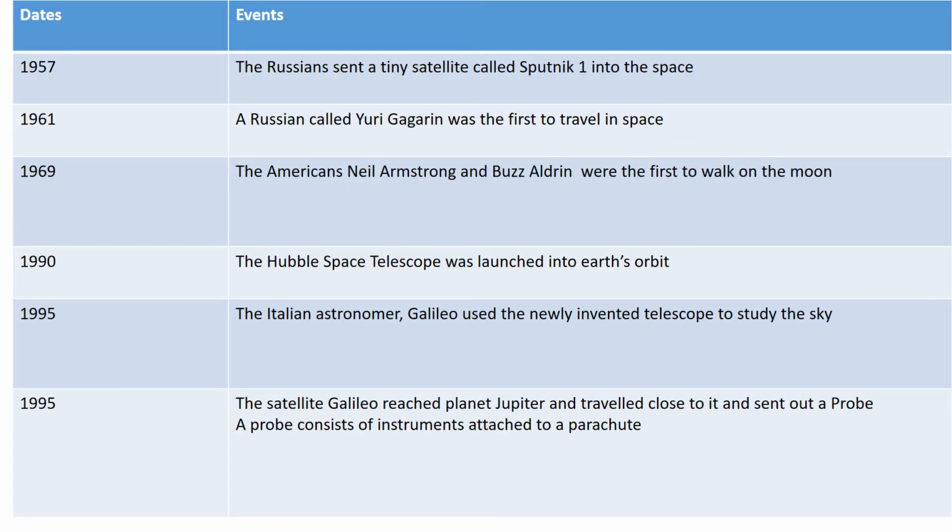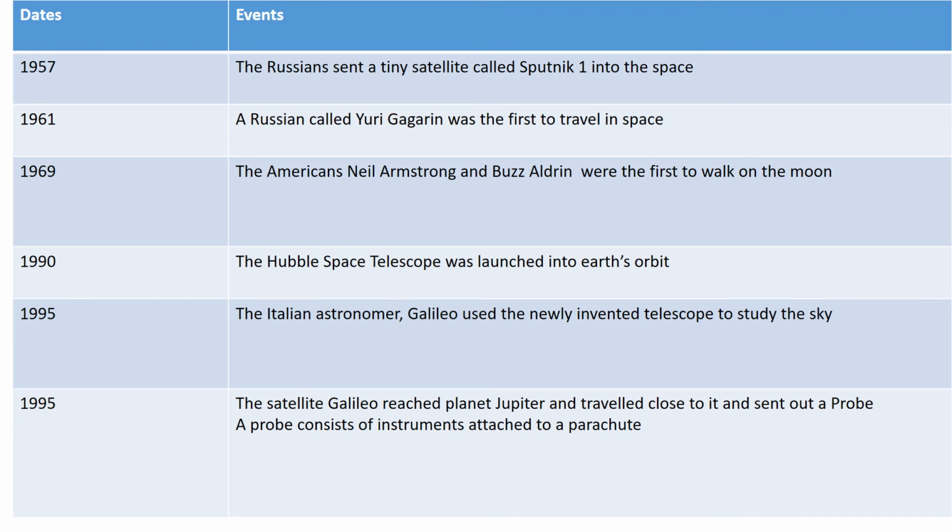Now I have a belt in which I say what event happened in which year, what scientists made. So this is called actually the space. In 1957, the Russians sent a tiny satellite called Sputnik 1 into space.